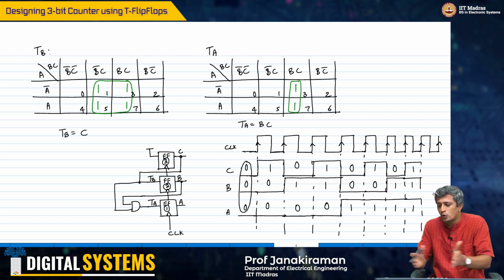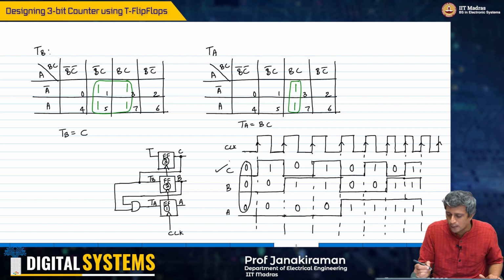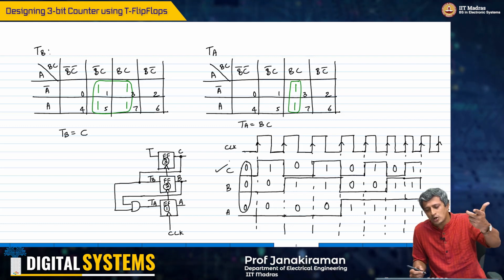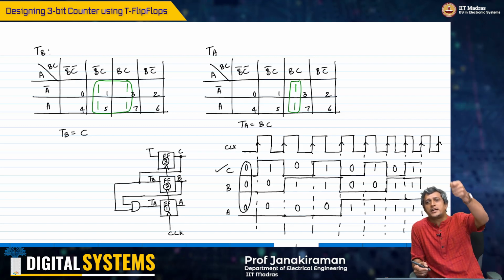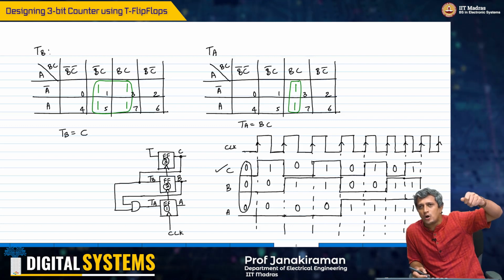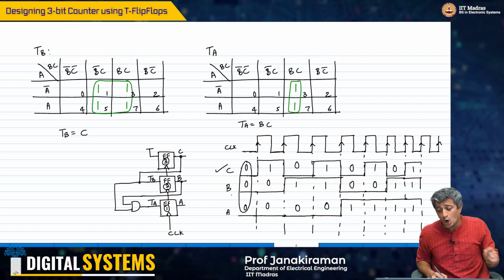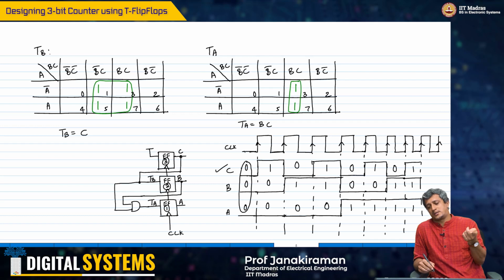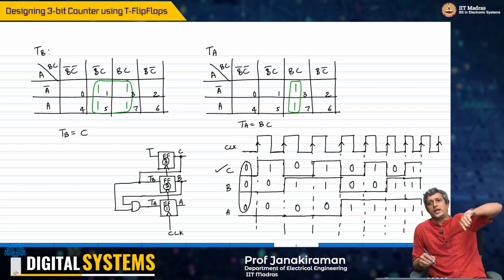If you just look at this waveform here, it's very evident that C has to toggle every clock cycle, and therefore all you have to do is connect TC to 1. Now TB has to toggle every 2 clock cycles, and therefore you just give the C as the toggle input to it.